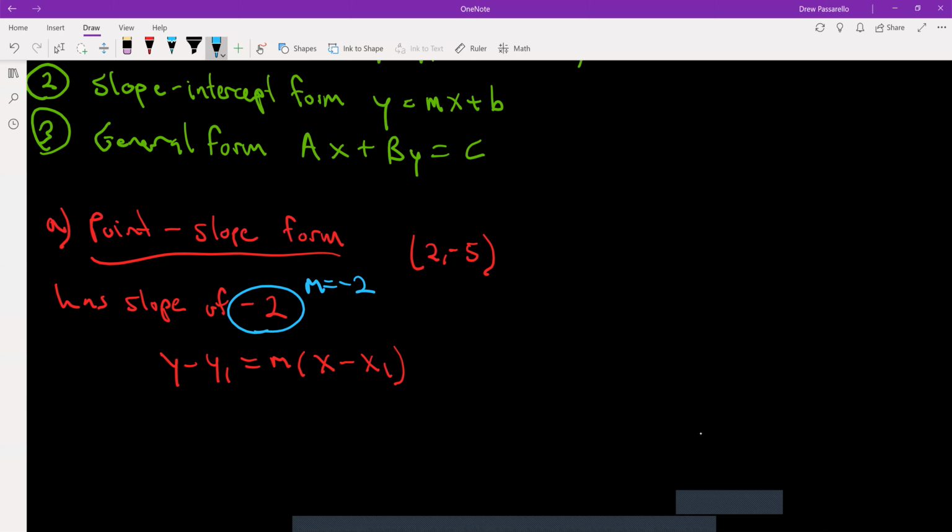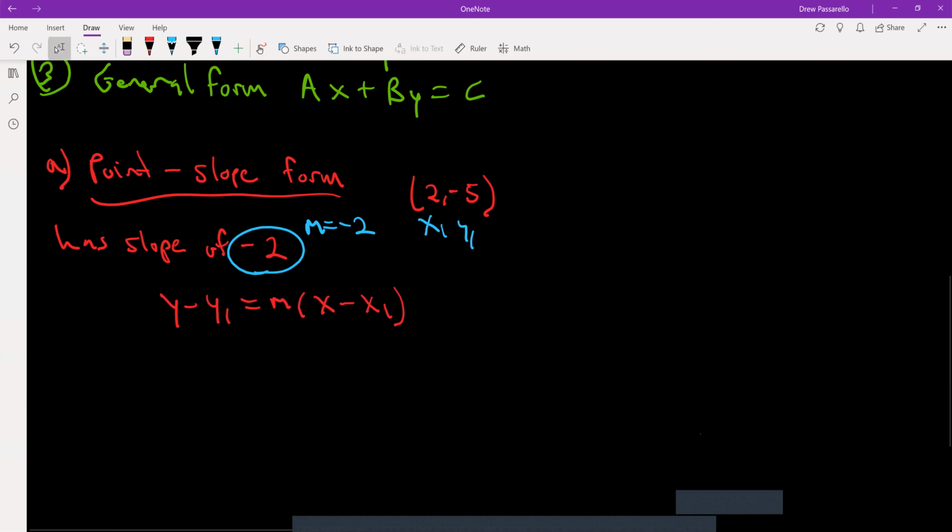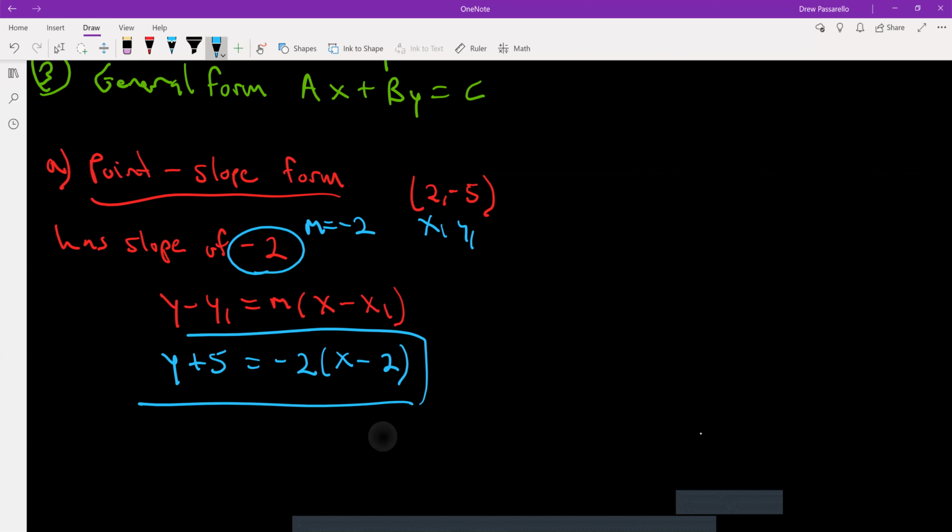And then I use the point that's given for x1 and y1. So when I plug it in, technically you could write it as y minus -5, that turns into y plus 5 though, because of the two negative signs. And then equals -2 times x minus 2. All right, so that's the point slope form of the line.